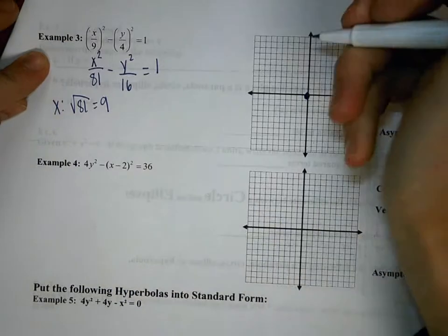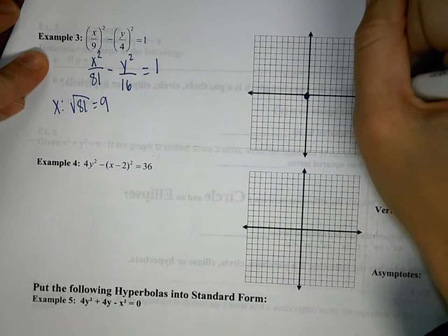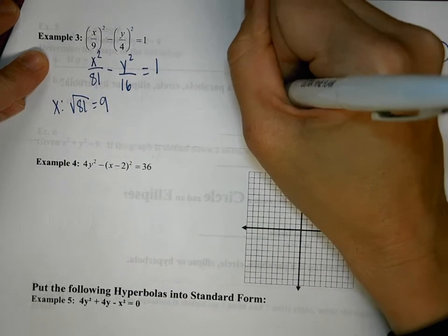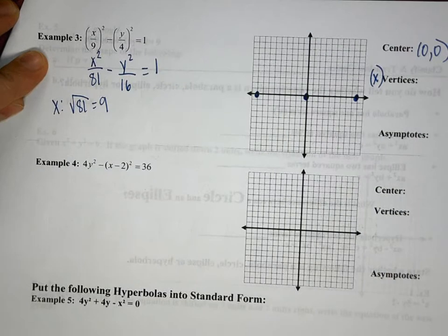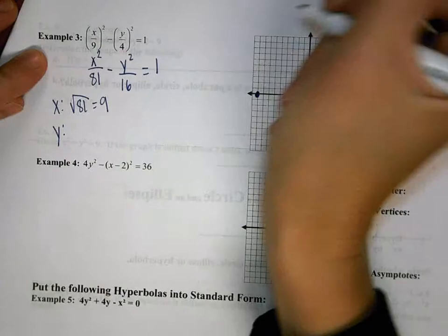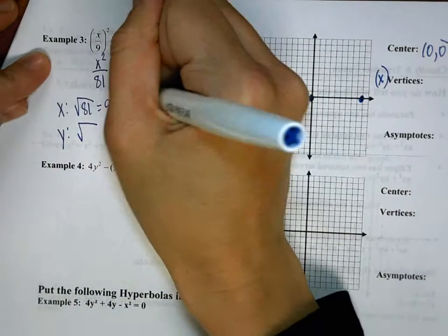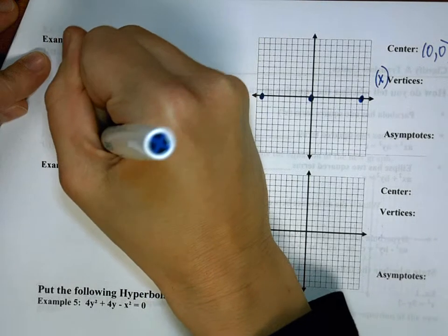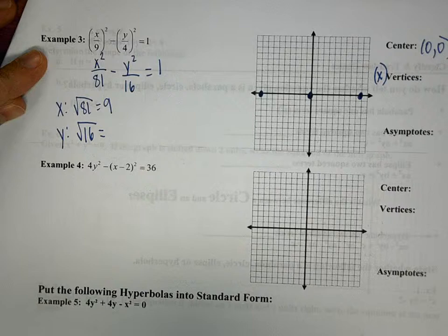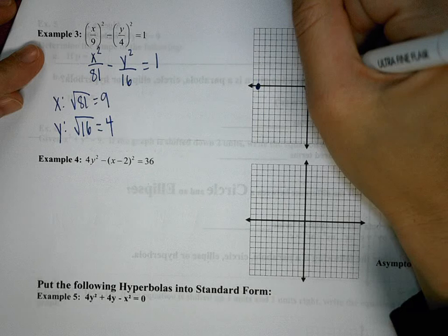So on my x-axis, I'm going right 9, and I'm going left 9. On my y-axis, I am taking the square root of 16, which is 4. So that means I'm going up and down 4.